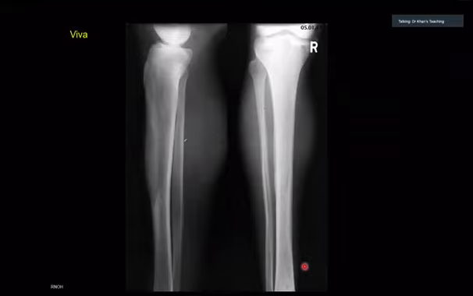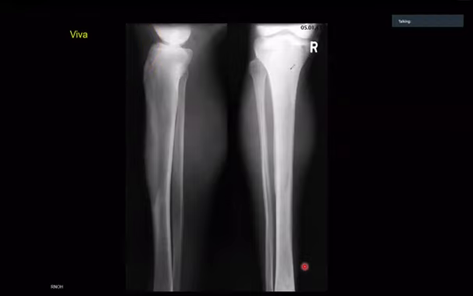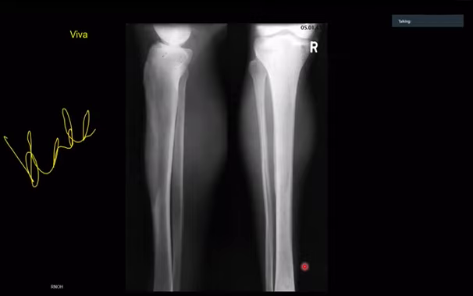And there is a lucency, and this lucency is what people at times find confusing in the exam. Now, it has not gone till the subchondral portion of the bone in this particular case.